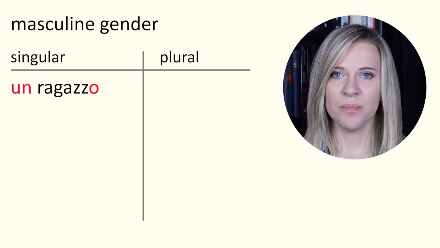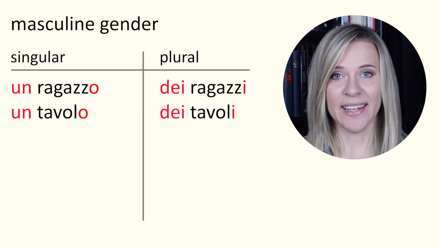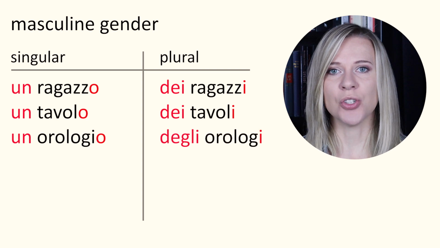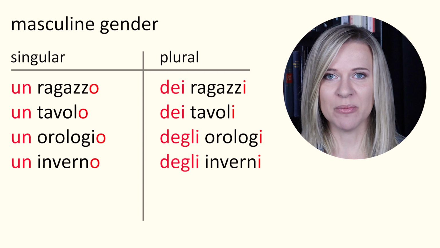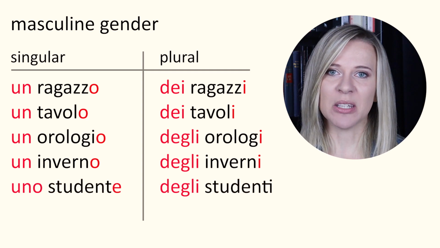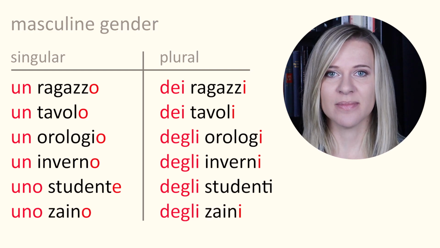Un ragazzo, dei ragazzi. Un tavolo, dei tavoli. Un orologio, degli orologi. Un inverno, degli inverni. Uno studente, degli studenti. Uno zaino, degli zaini.